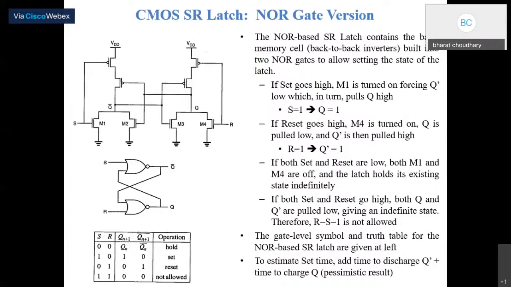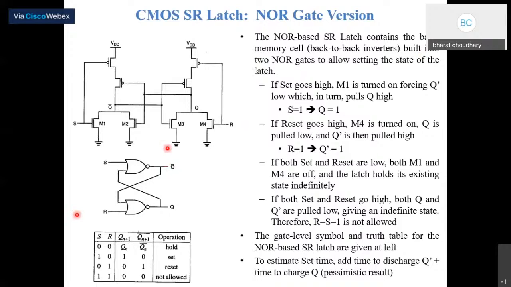Now, as you all are aware, this is the SR latch. This is the NOR gate operation. A NOR-based SR latch contains the basic memory cell. Memory cell means the feedback of the output and the feedback of the complement is applied to another NOR gate.